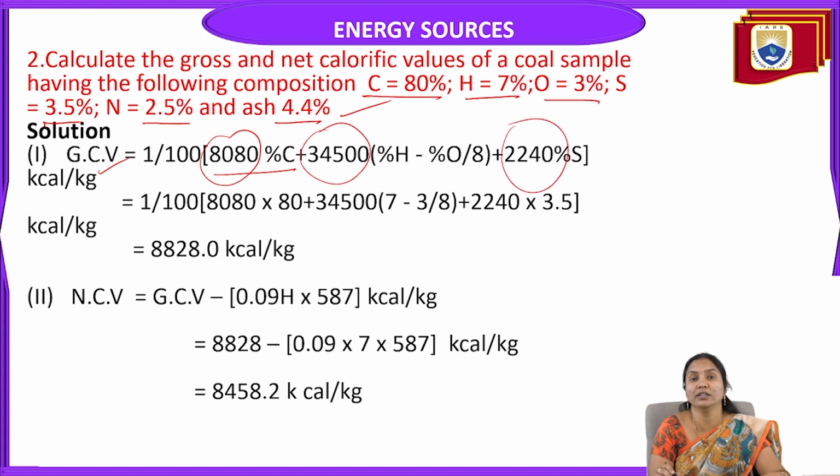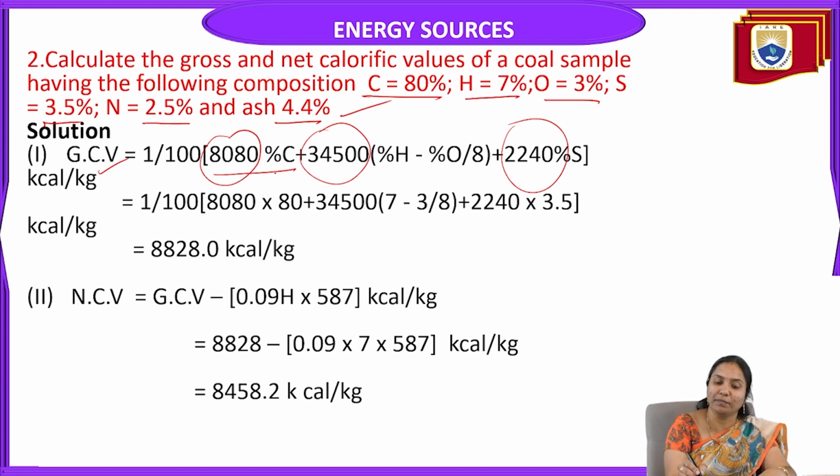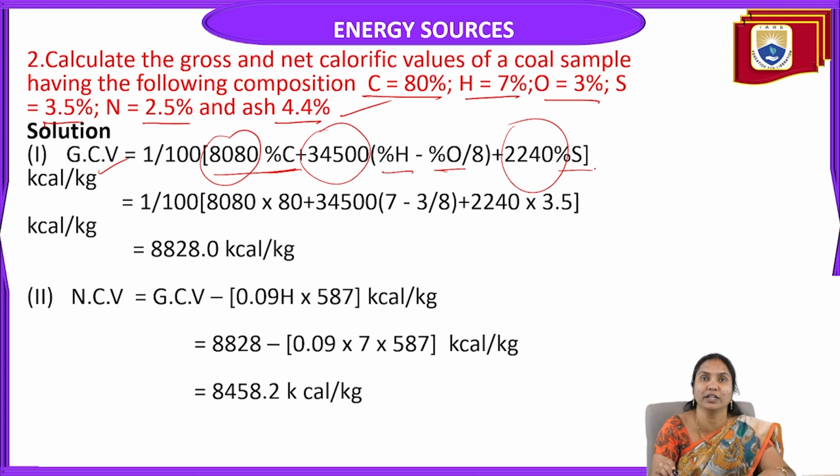The percentages of carbon, hydrogen, oxygen, and sulfur indicate how much of these elements is present in the given fuel. So we can substitute the percentages from the data into this formula.